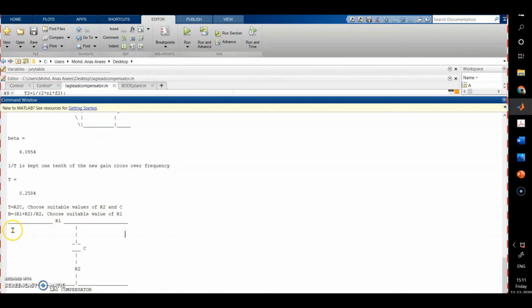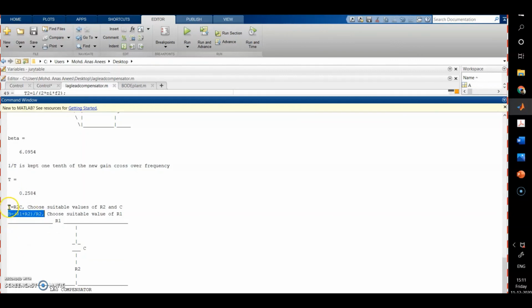So now we know what is beta and what is T. Now we know that there is a relationship between R1, C and R2. How can you find it? You can find the transfer function of this, and compare that transfer function with the formula for the transfer function of the lag compensator. Then you will know that these are the formulas.